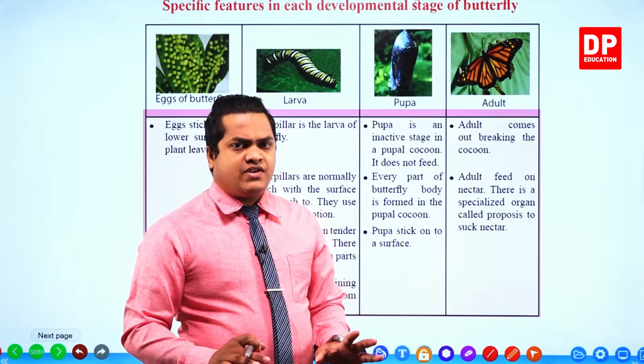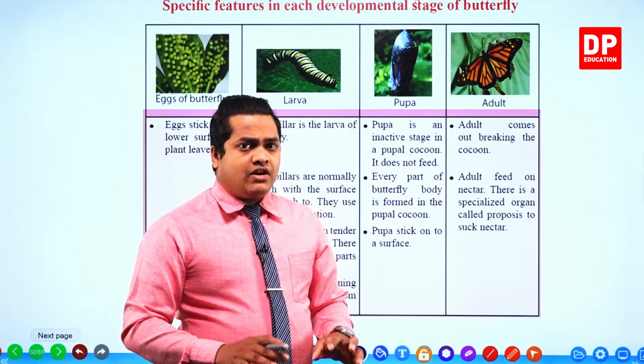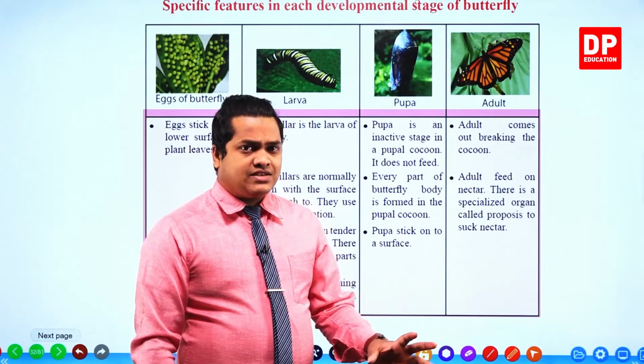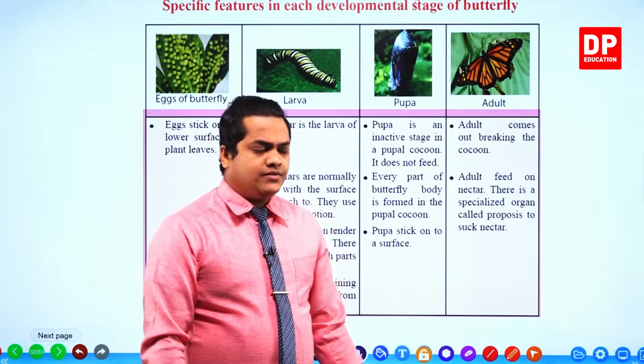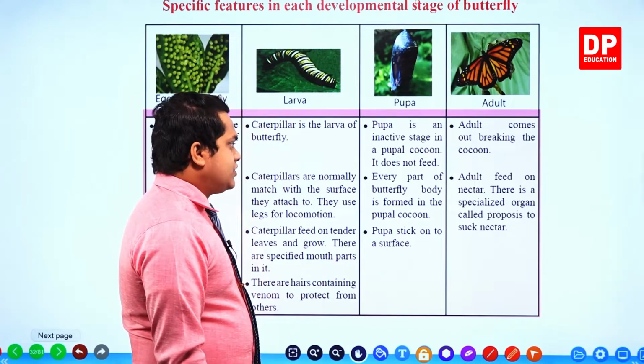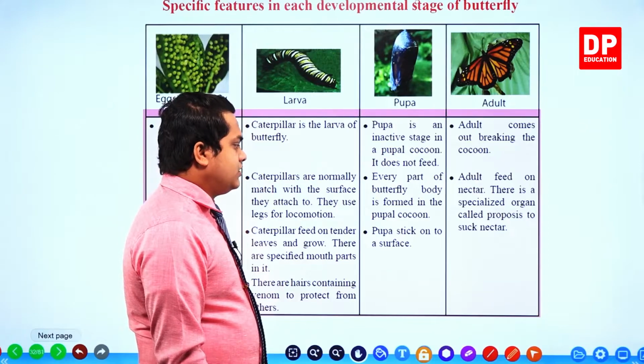Larval stage is way more different. Within the pupal cocoon, the larva or the organism living inside the cocoon is getting developed into an adult butterfly. Okay. So every part of the butterfly body is formed in the pupal cocoon.